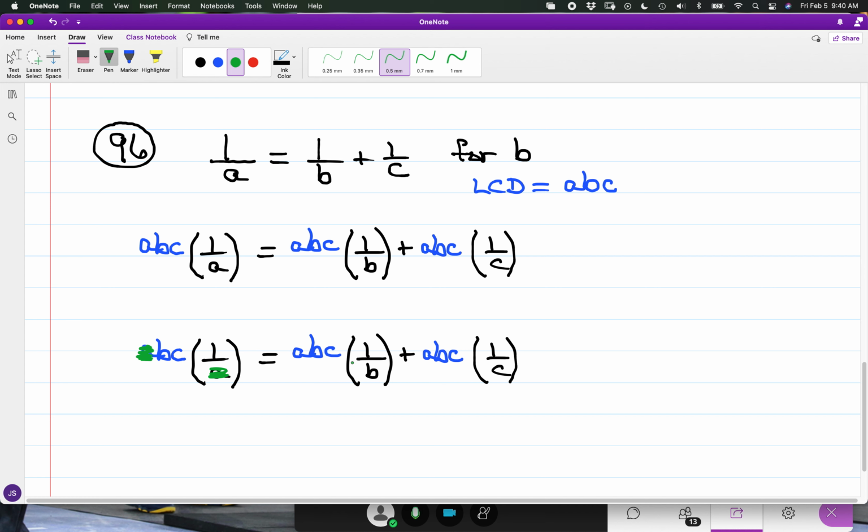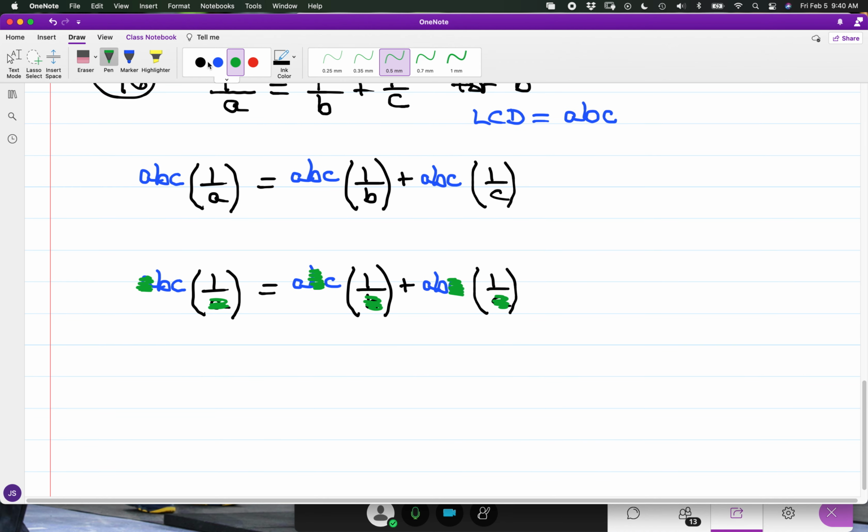For ABC times 1 over B, think of it like ABC over B, and the B's cancel. And for ABC times 1 over C, which would be ABC over C, upon simplifying, the C cancels. And for what is left standing, you have BC is equal to AC plus AB.